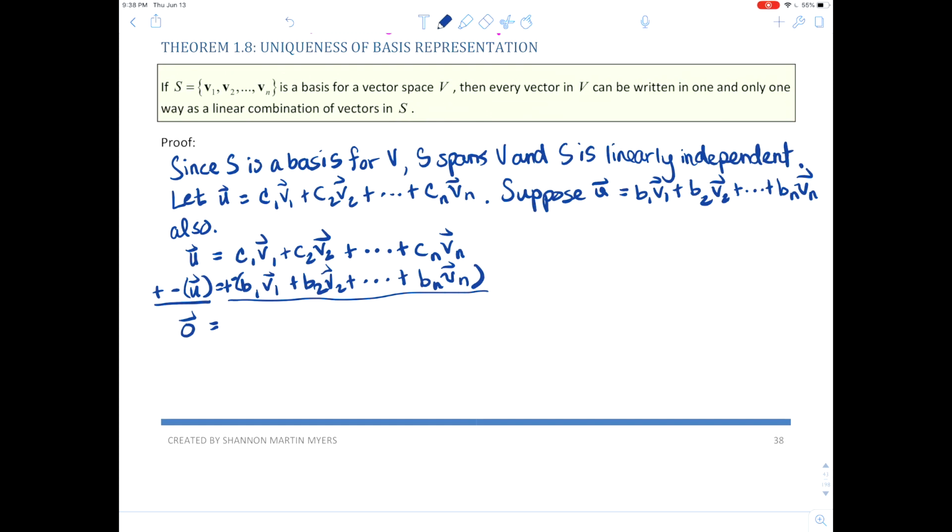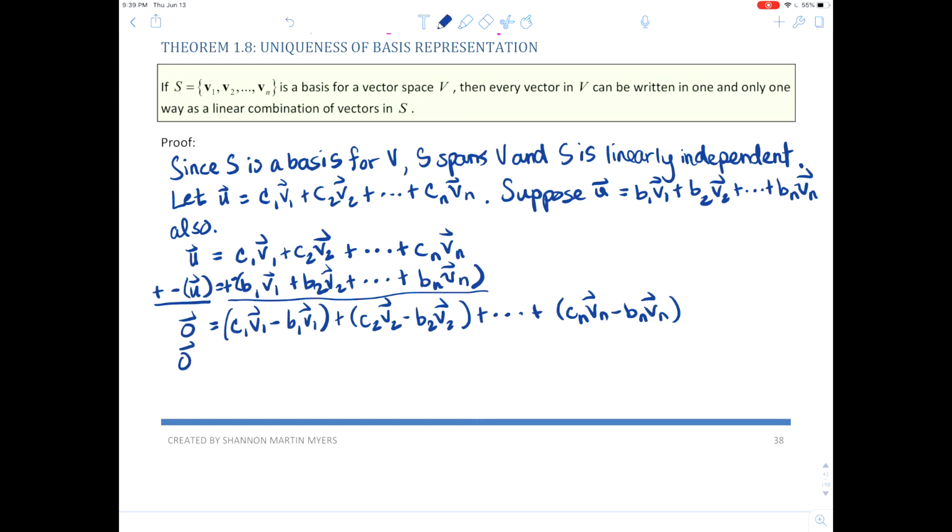Well, we'd have C1V1 minus B1V1 plus C2V2 minus B2V2 plus ... plus CNVN minus BNVN.